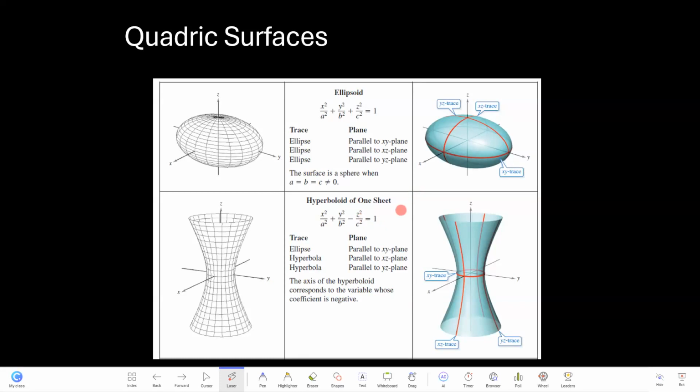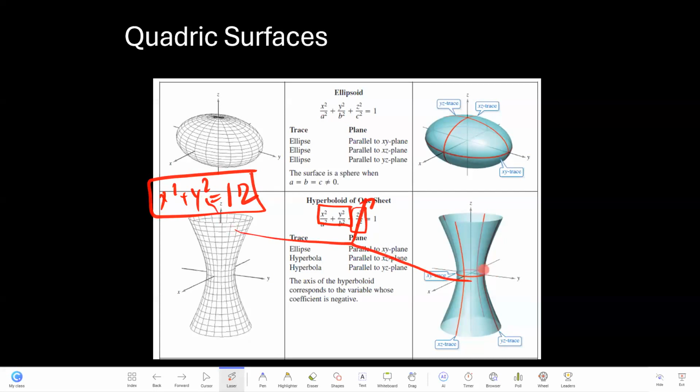But if this whole term is gone, what's going to happen? Basically a circle is left. So x squared plus y squared equals 1, or maybe 12 or 14, whatever. This is basically a circle equation. And you can see here there is a circle. So this red circle, where I'm passing my pointer right now, is the value of z equals 0.